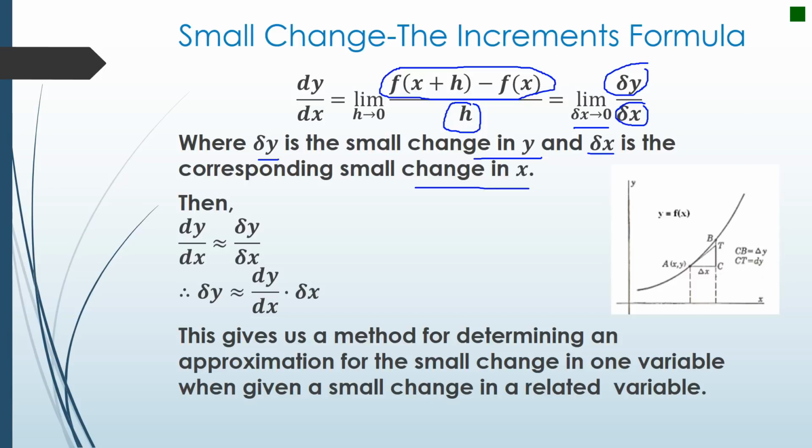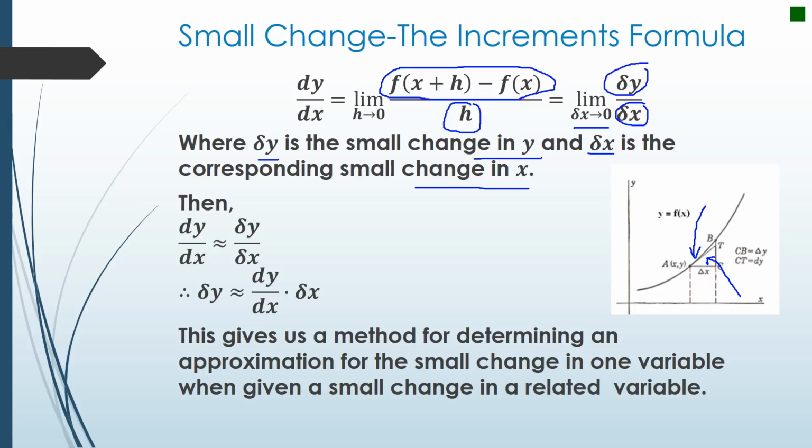So if the change in y and the change in x is small, as you can see in this diagram, the gradient of the secant line AB is almost the same as the gradient of the curve at point A.